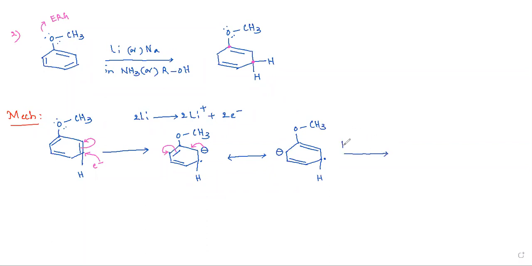Now the attack of the negative charge on hydrogen abstracts hydrogen in the form of H plus. So this goes off as EtO minus.